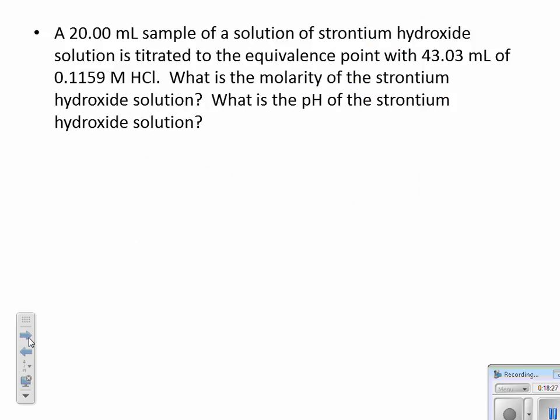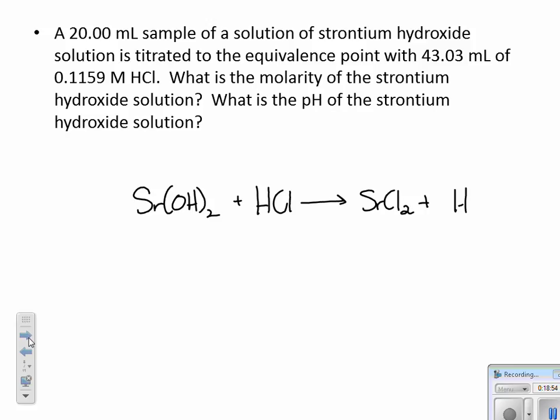All right, one more, very quickly. So we have strontium hydroxide this time titrating hydrochloric acid. Let's write our balanced equation. Strontium hydroxide, hydrochloric acid. We have a monoprotic acid and a dibasic base. So strontium chloride is our salt. Water is always a product.